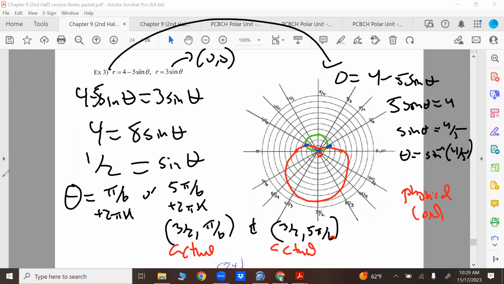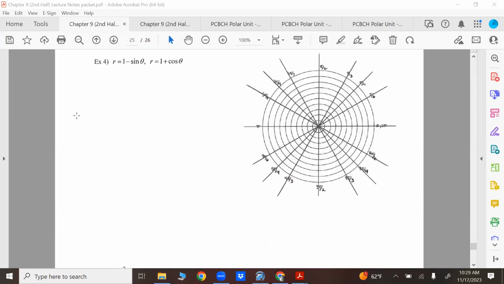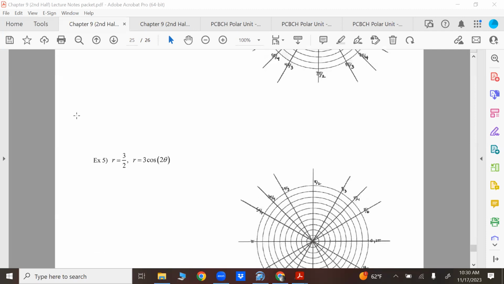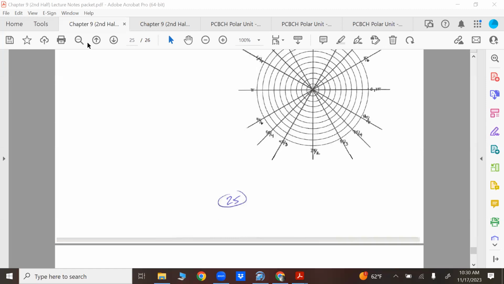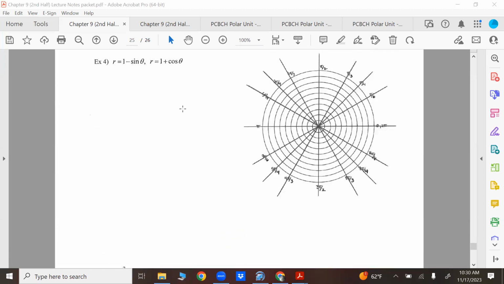Let's go to example 4, guys. Let me have you try that on your own. Use Desmos or Precalculus to see where they touch, or see how the graphs look, and we'll talk about it after that. Once you try example 4, I'll freeze the screen.